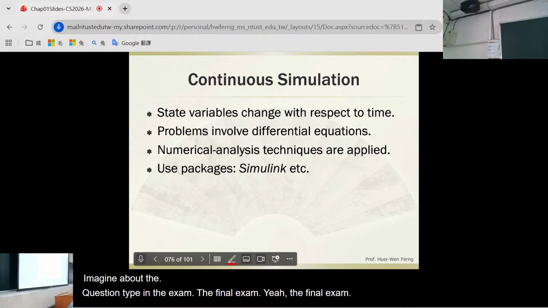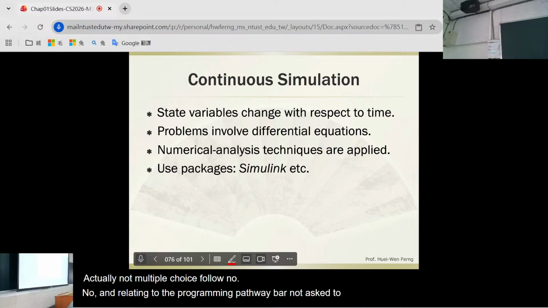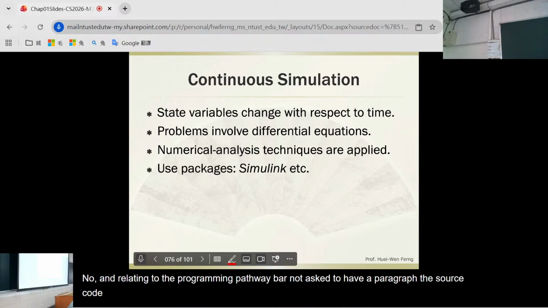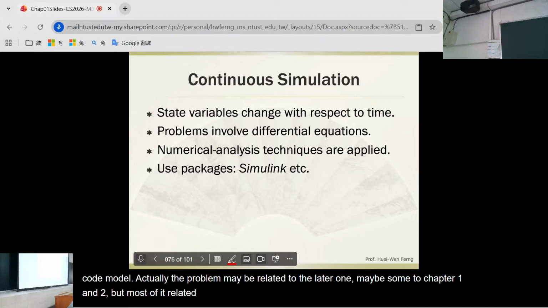Actually, it is not a multiple choice problem. It is possibly related to programming, but not asking you to write a paragraph of source code. The problems may be related to the later chapters, maybe some from chapters 1 and 2, but most of them are related to chapters 4, 6, and 8.